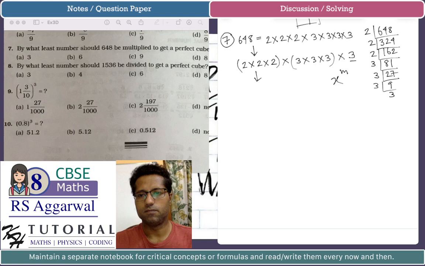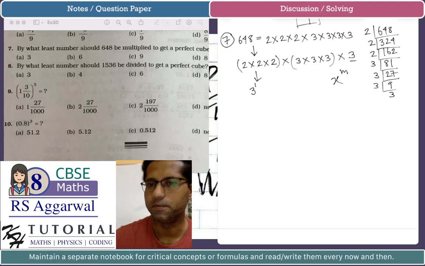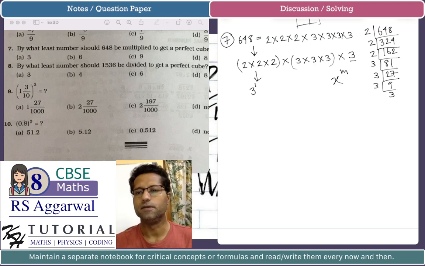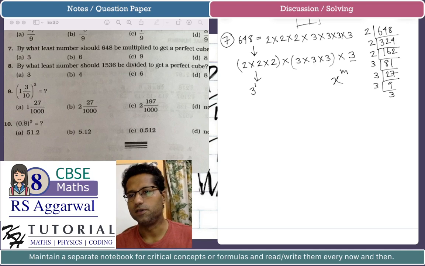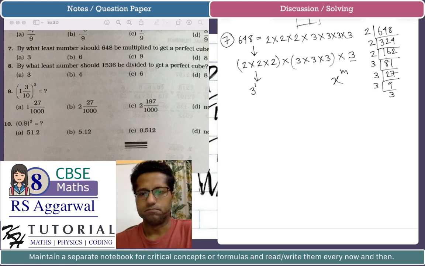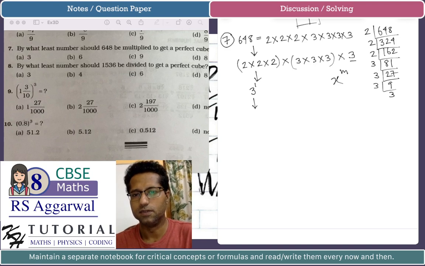So in this case, it will be only 3 to the power 1, because the only prime factor left behind which is not part of any triplet is 3. Then, from all the x to the power m terms that we found in the last step, we have to find the corresponding terms x to the power 3 minus m.